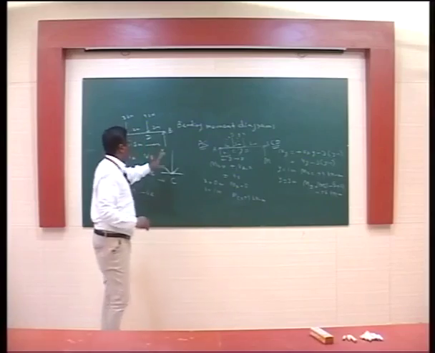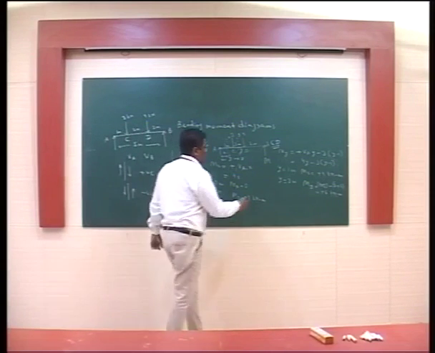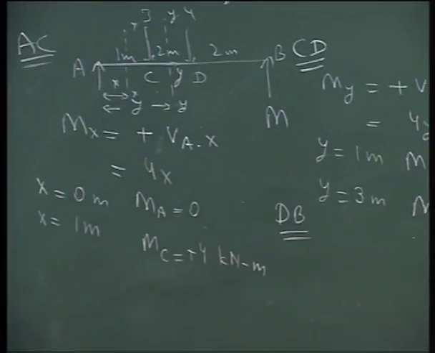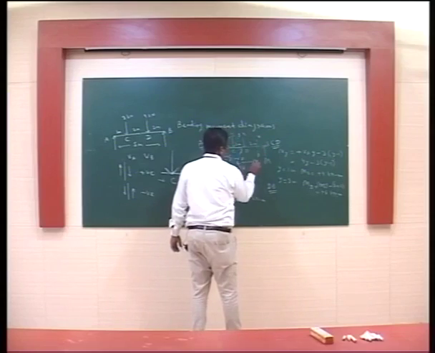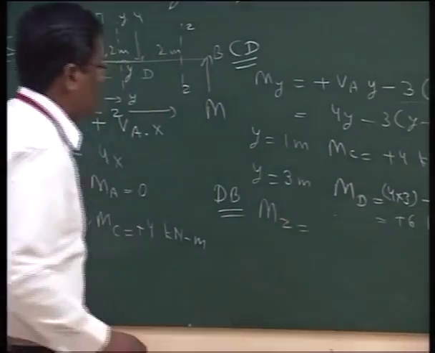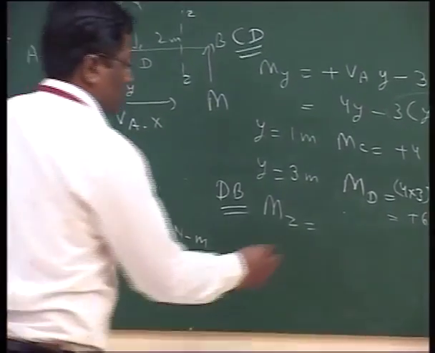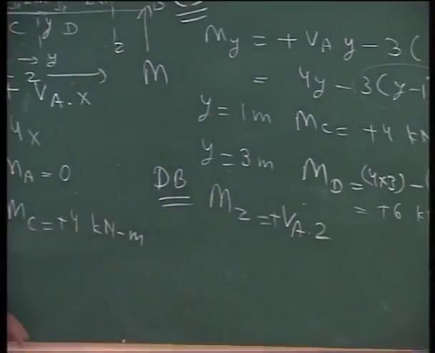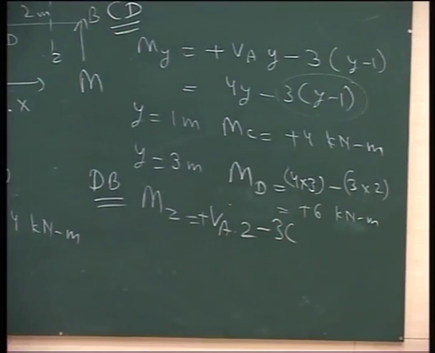Now we are coming to the last portion, DB. In this portion DB, what will be the equations? Once again, let's have a section Z here, at distance Z. Then MZ will be, there are three forces on the left side of Z. One is VA into Z, the second one is 3, which according to our sign convention is minus.